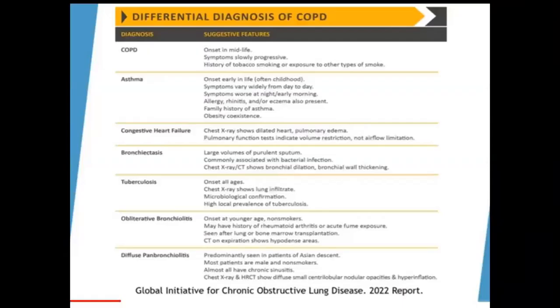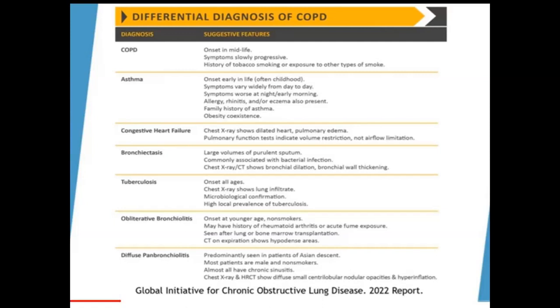And then, the differential diagnosis of COPD. One of them, basically in our setting, is that you would have to make sure that it's not asthma. And we know that asthma usually is a disease of childhood, which means that it usually sets in during the early stages of life, even though we have adult onset asthma and other occupationally associated asthma.